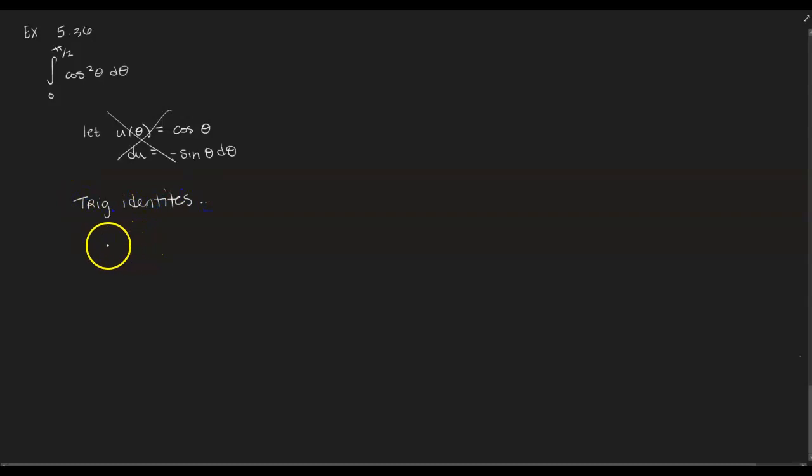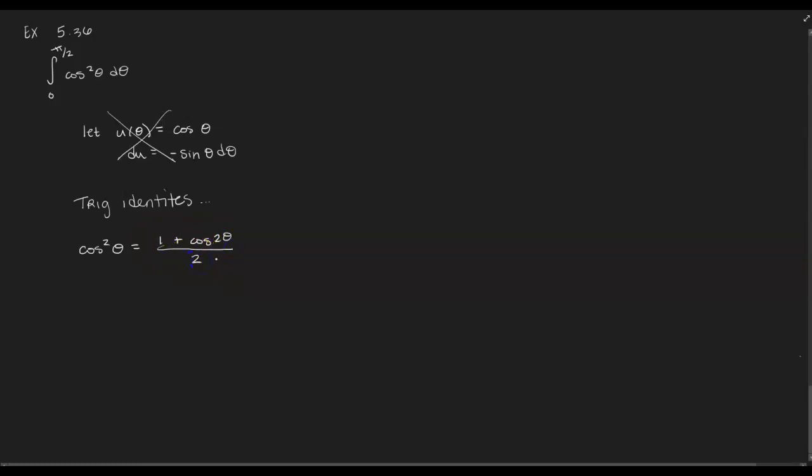Think back to your trig class, your pre-calc class, or wherever you've practiced trig identities. There is a relationship between cosine squared theta and the ratio 1 plus cosine 2 theta over 2.